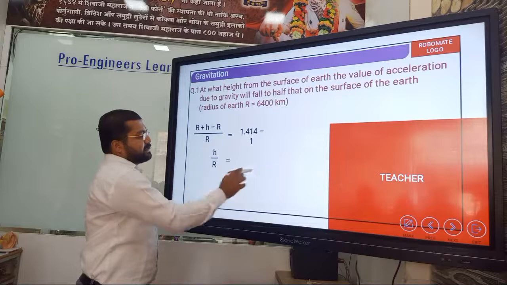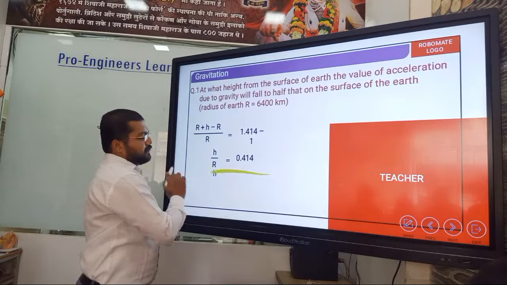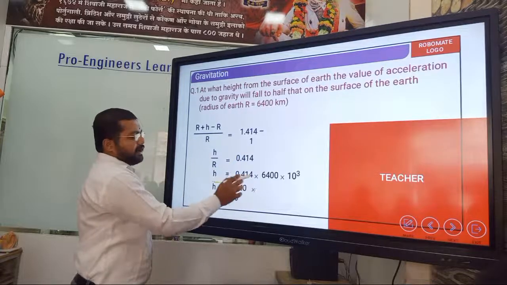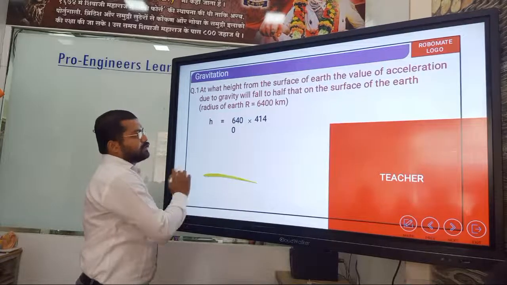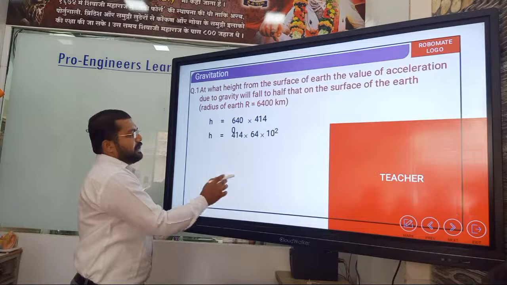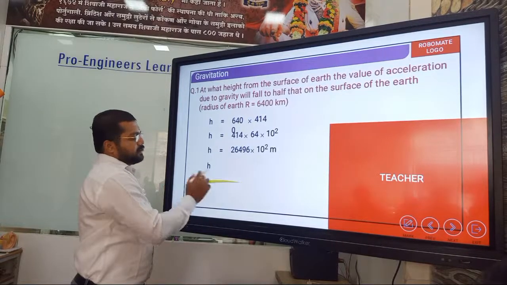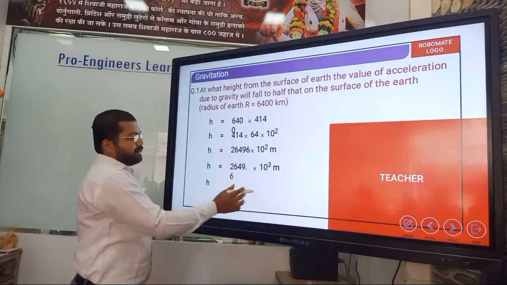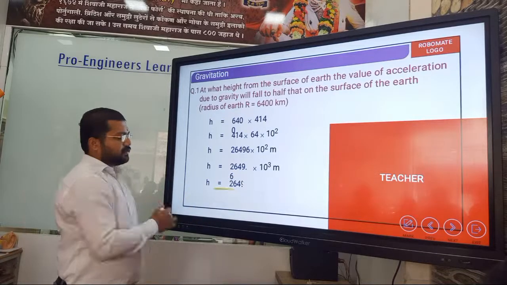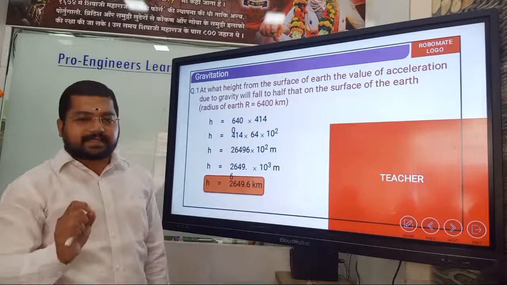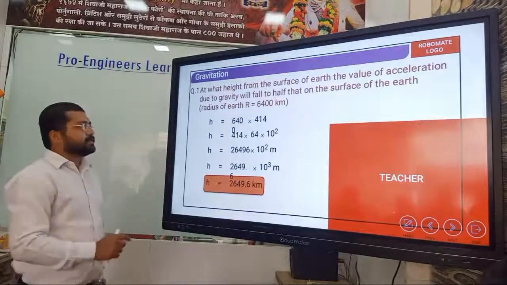And the answer is 0.414 into 6400 into 10 raised to 3. After multiplying that, h is 26496, so in terms of kilometers we can mention 2649.6 kilometers is the correct answer.